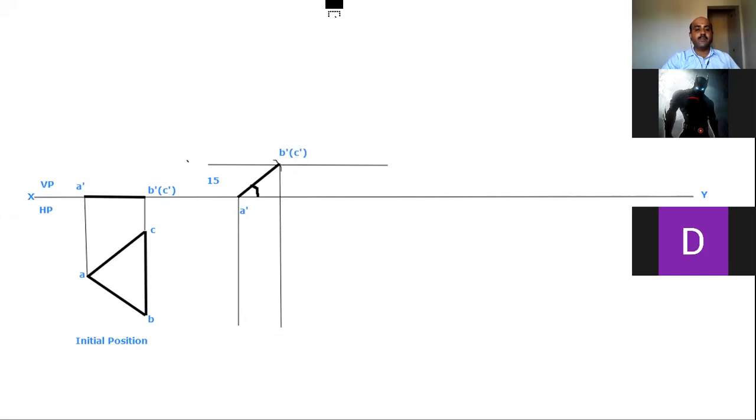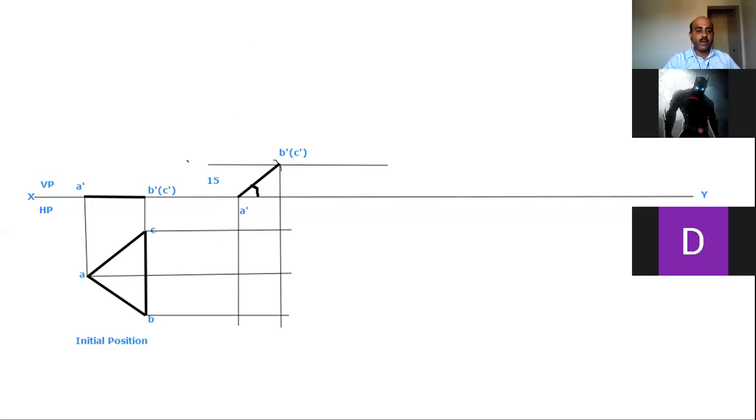Similarly, horizontal projectors. Now, first you mark the points over there. So where the horizontal projector meets the vertical projectors, that's what I was talking.